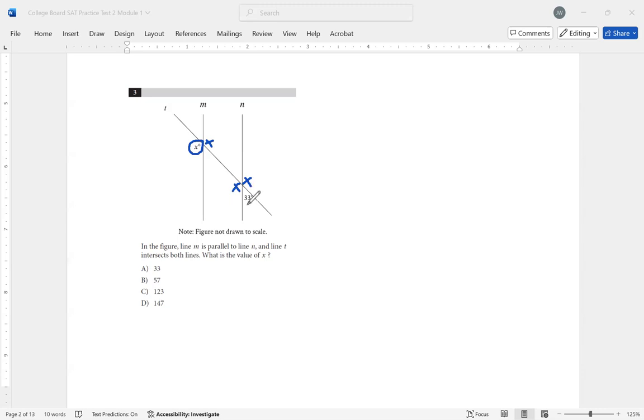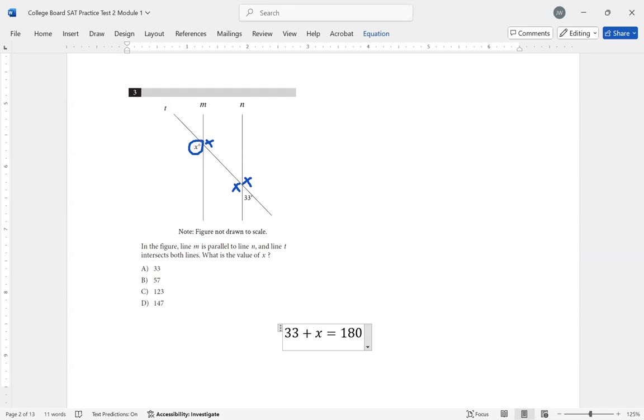Now, notice that on this line here, 33 plus x forms a straight line. Also, 33 plus x forms this straight line. So whichever way you see that, 33 degrees plus x degrees has to add to 180 degrees.